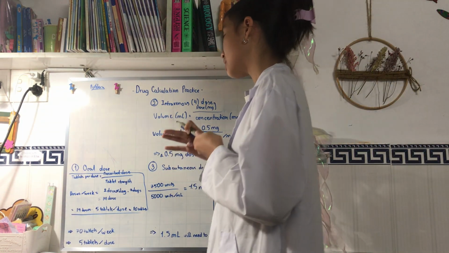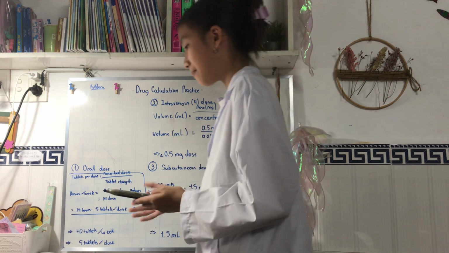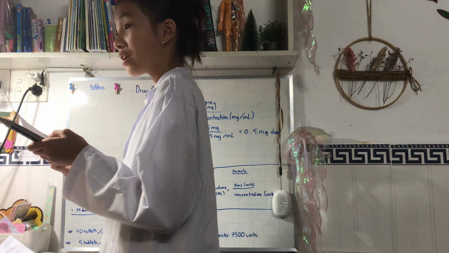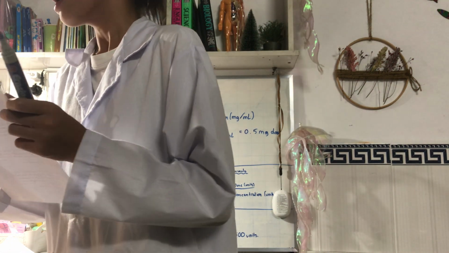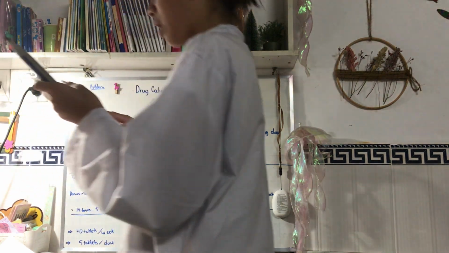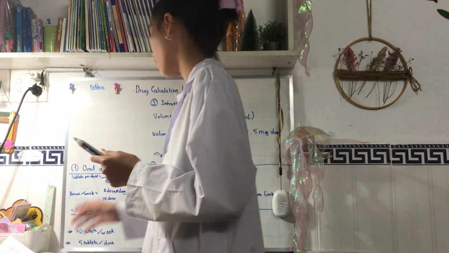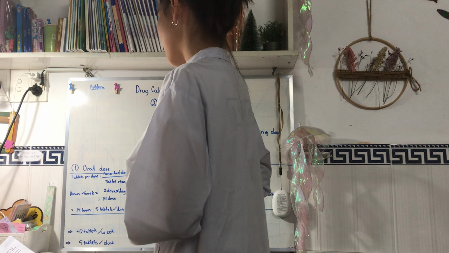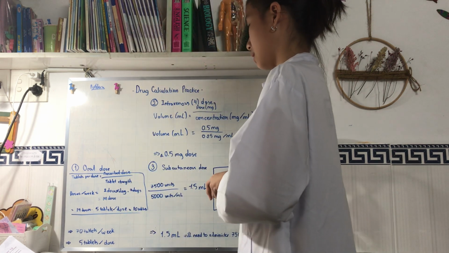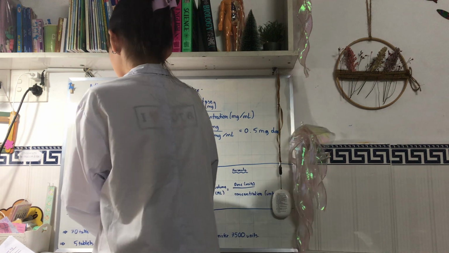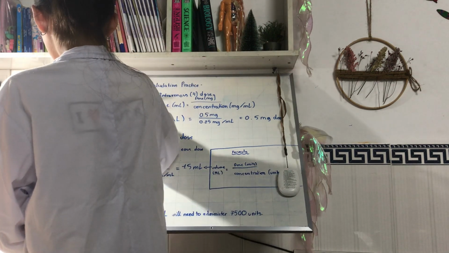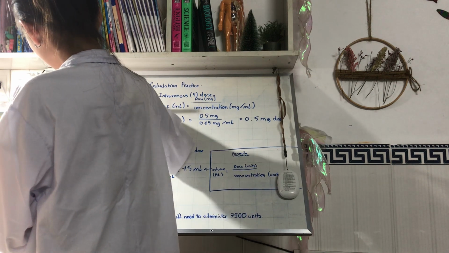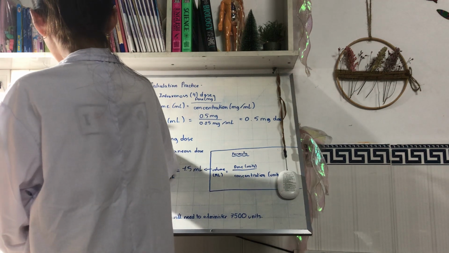In this case, the tablet strength is 150 milligram tablets. How do we find the tablets per dose? Firstly, we need the prescribed dose, which is 750 milligrams, and then divide that by 150.